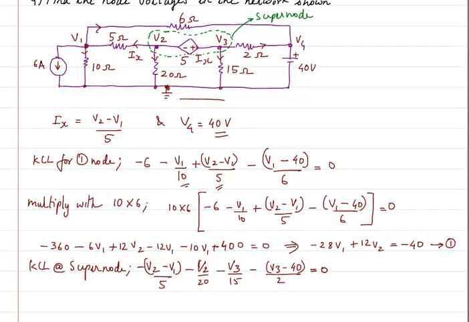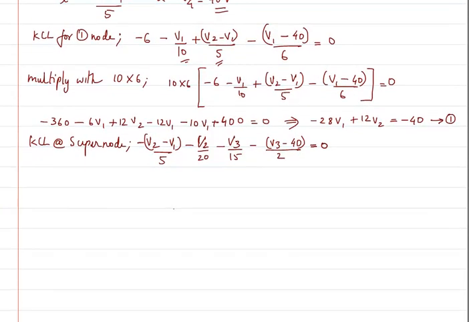So again we will have to multiply. Now see, if I multiply with 20, even 15 will cancel off. No, 15 will not cancel off, because 20 by 15 is going to give me 4 by 3.